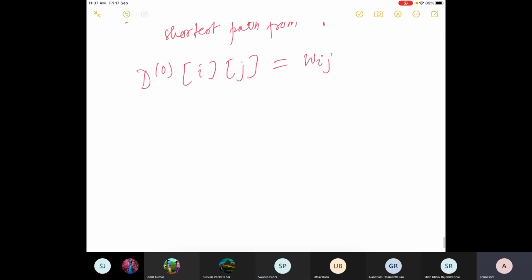So therefore, we start from D0 equals W, and we have to reach Dn, which is equal to the final shortest path length matrix.